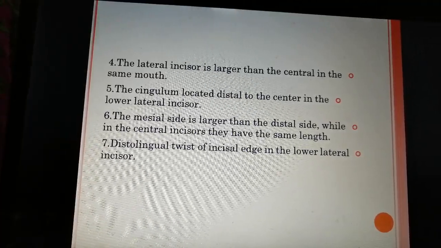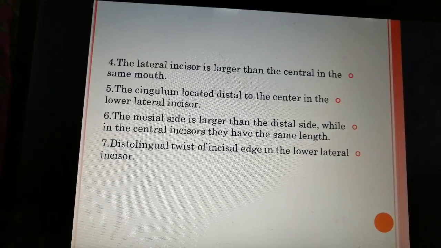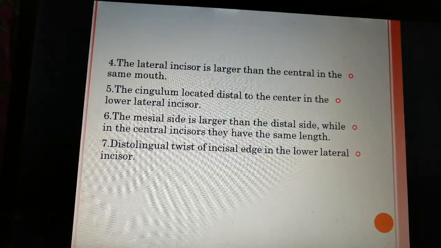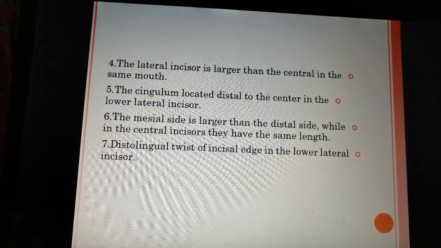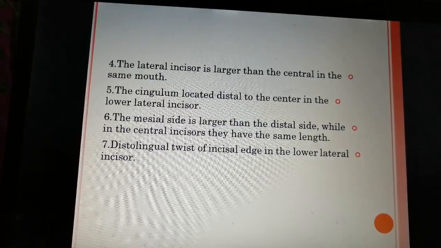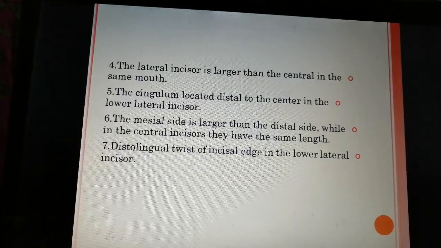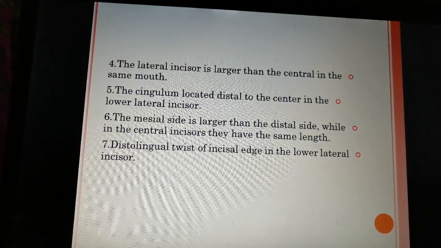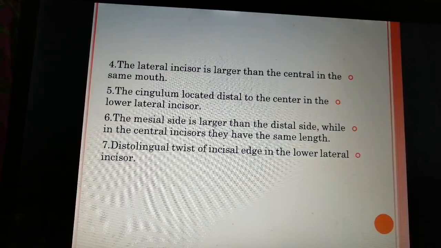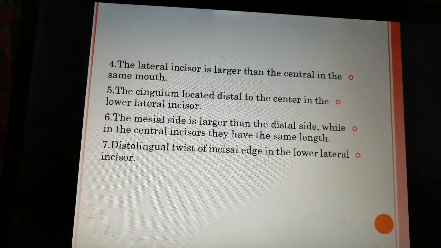Number 6, the mesial side is larger than the distal side, while in the central incisors they have the same length. Number 7, distolingual twist of the incisal edge in the lower lateral incisor.